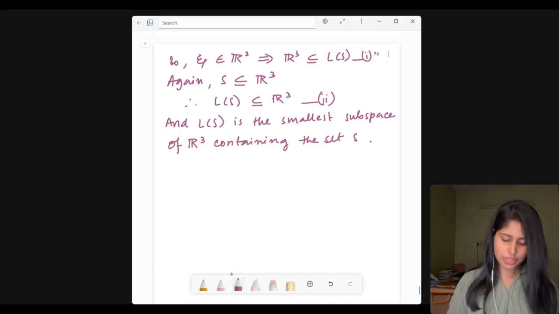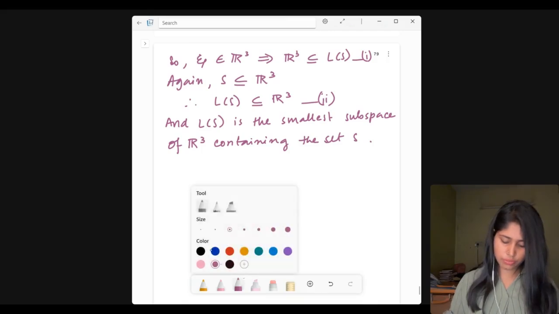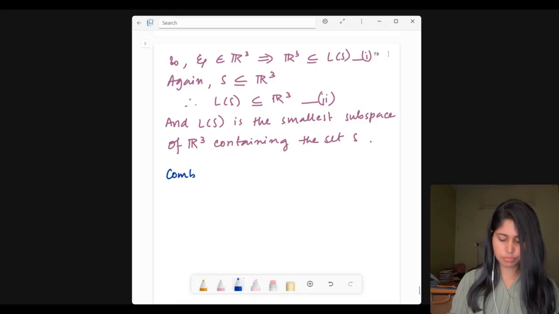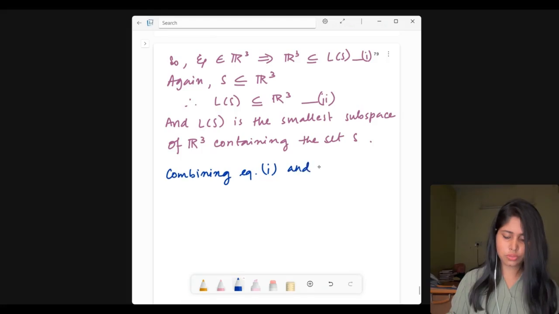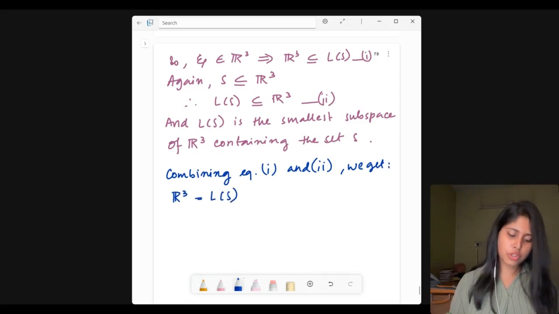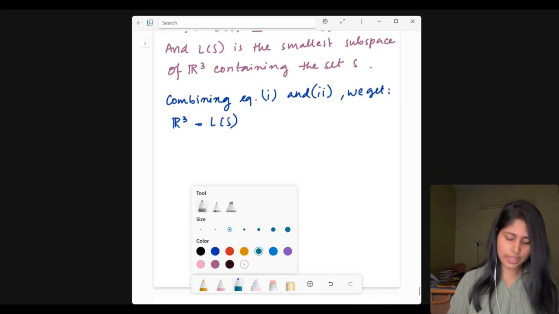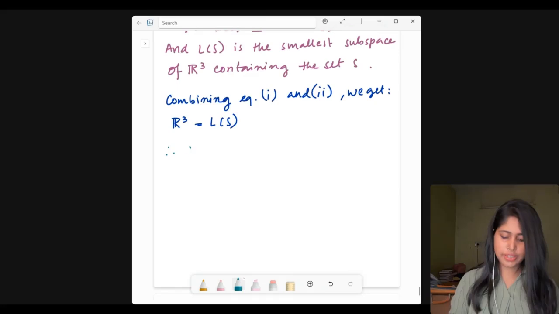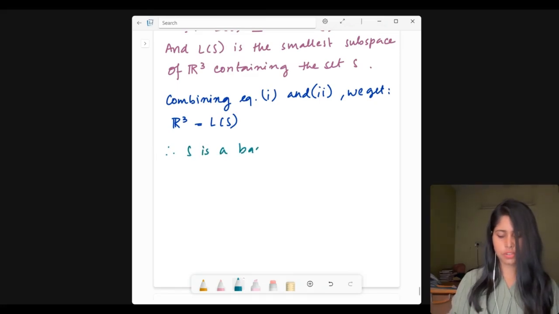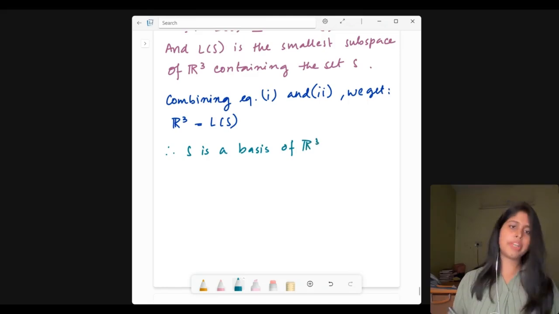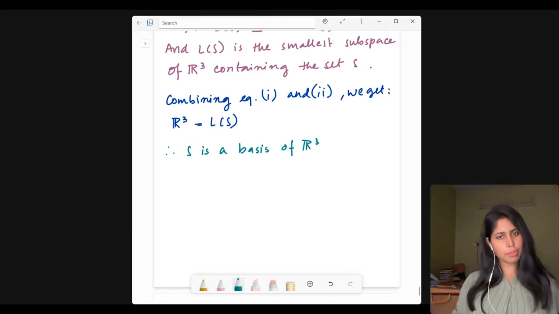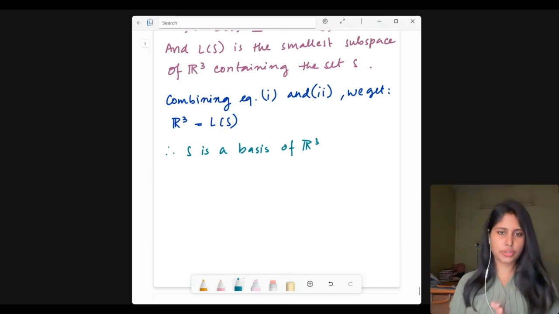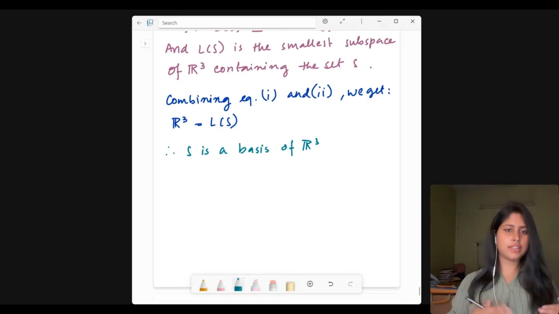So we will write with a different pen. Let us take this one. Combining equation 1 and 2, we get R3 is equal to L of S. Therefore, this is proved, and therefore S is a basis of R3, because we have proved that S is linearly independent, and we have proved that S generates V. All right, so we can say that S is a basis of R3.